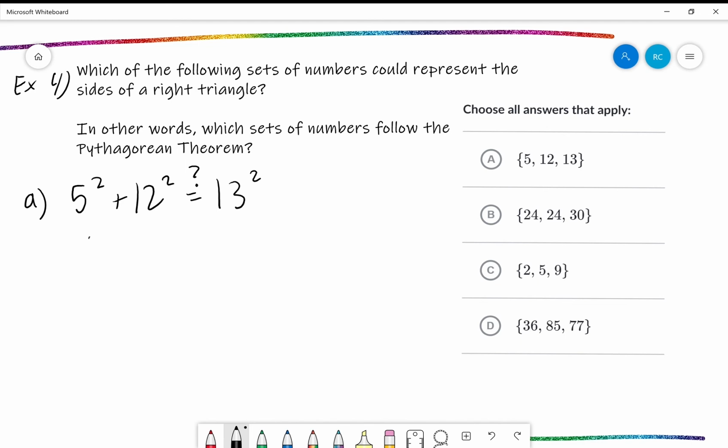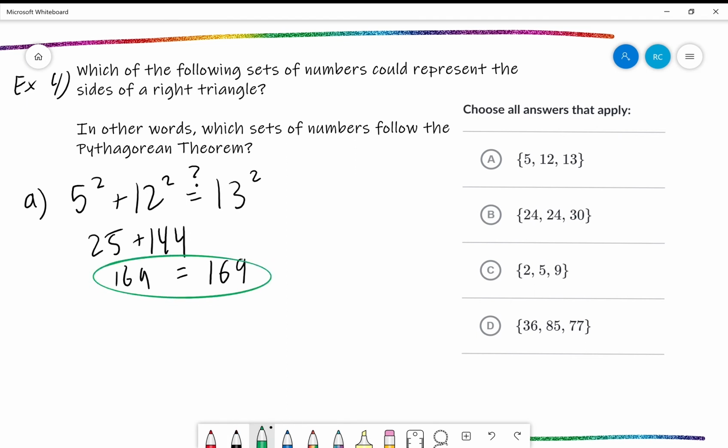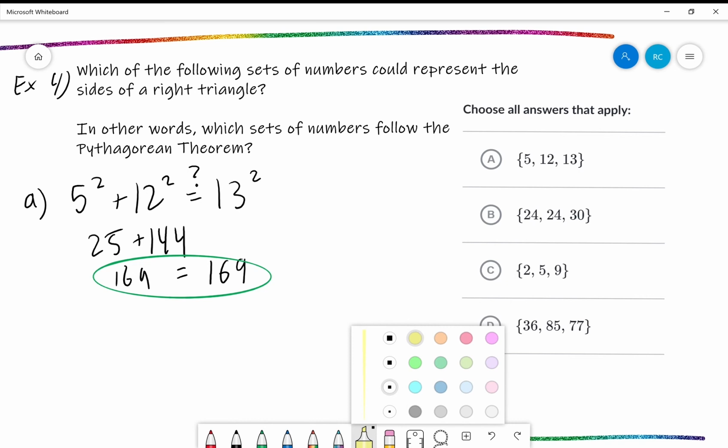Well, 5 squared is 25. 12 squared is 144. 25 plus 144 is 169, which is indeed 13 squared, also 169. So yes, A is a Pythagorean triple.